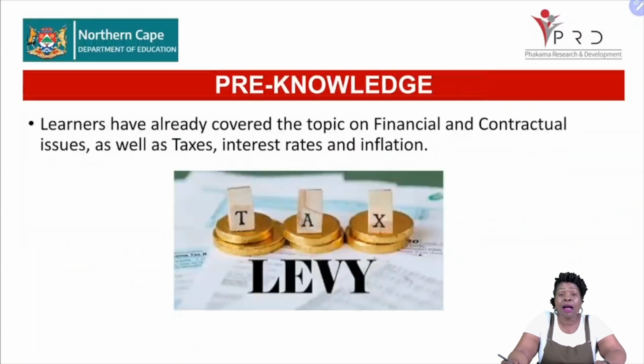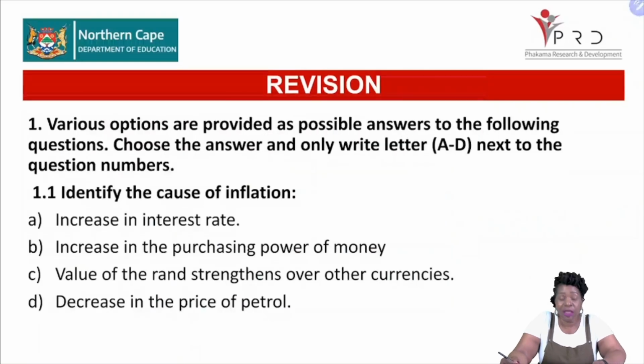Right, learners, we have already covered these topics, that is financial and contractual issues, as well as taxes, interest rates, and inflation. We will start with the short questions first, that is multiple choice questions.